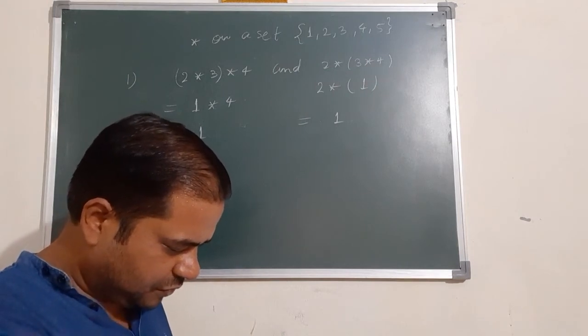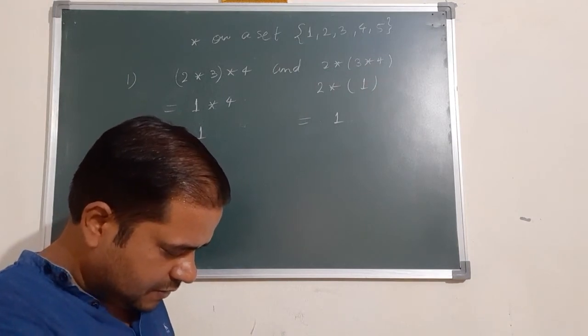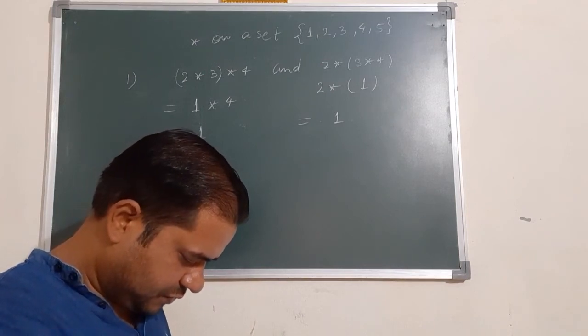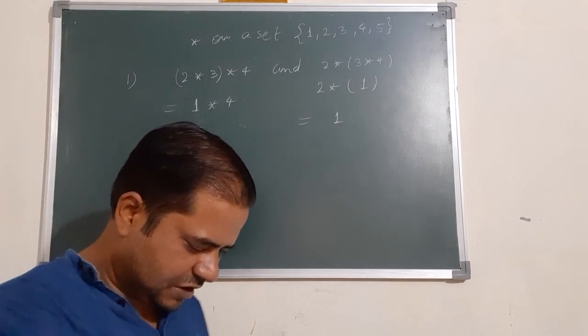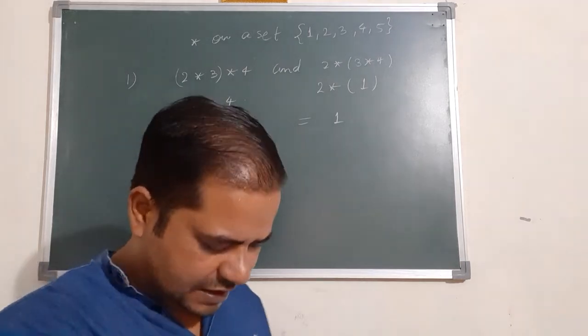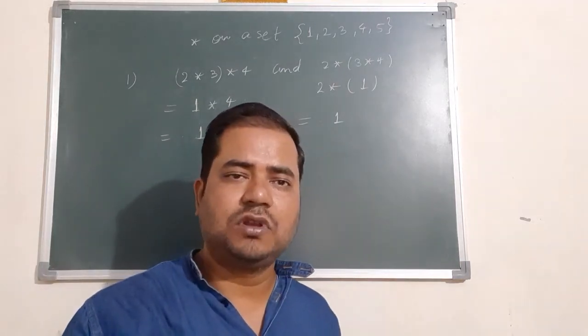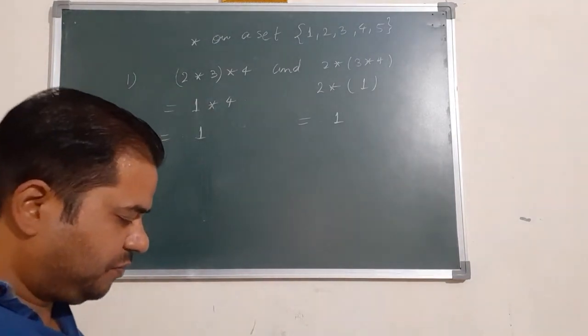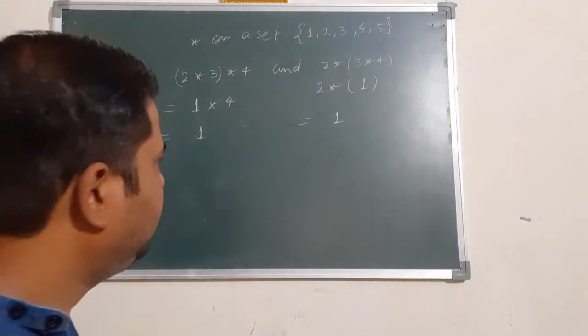If you match the answer, you see here question number 4, 1.4. Yes, either (2 star 3) star 4 or 2 star (3 star 4), both are 1 only. And similarly, compute whether star is commutative.